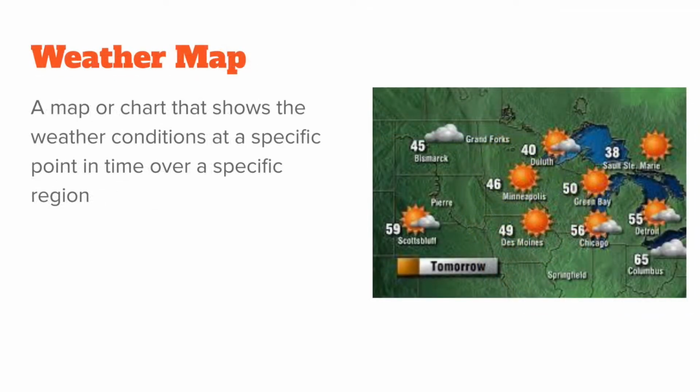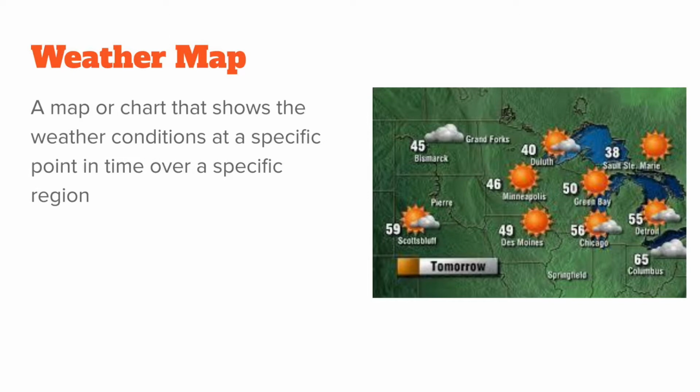What is a weather map, you ask? Well, it's simply a map or chart that shows the weather conditions at a specific point in time over a specific region. If you look at this picture, this is showing maybe the central United States. You can see Chicago's on there, and it shows us partially cloudy, it looks like, 56 degrees.